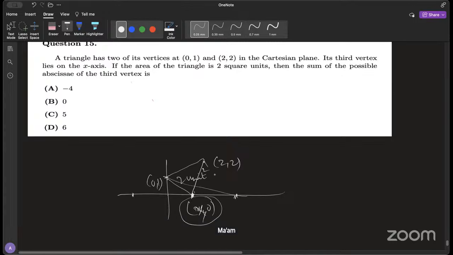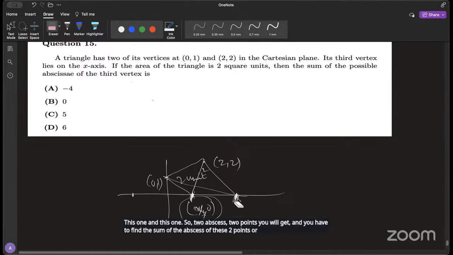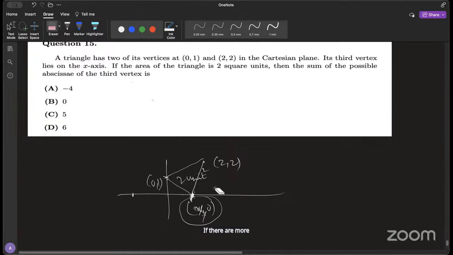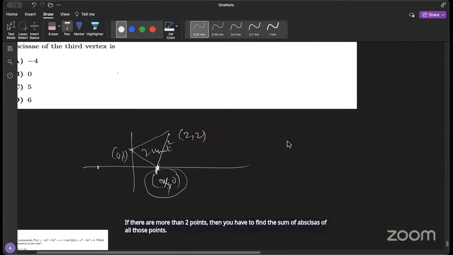If x equals -4, the area of this triangle is also 2 units. So you will have two solutions, this one and this one. So you get two abscissas, and you have to find the sum of the abscissas of these two points. Or if there are more than two points, you have to find the sum of abscissas of all those points.